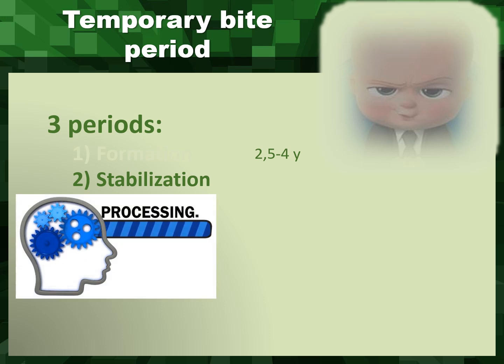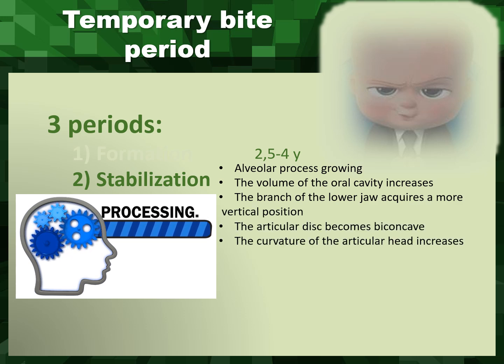Second period of temporary bite, stabilization. Duration of this period is from 2.5 years till 4 years old. And what are the signs of this period? Alveolar process growing.